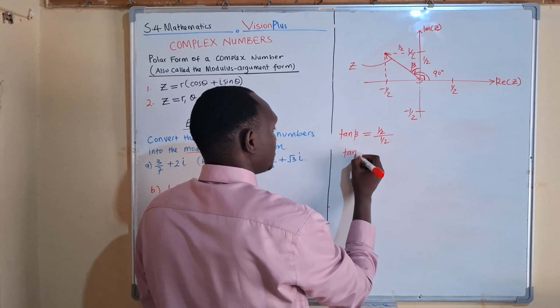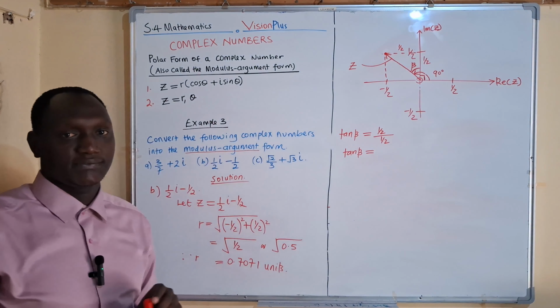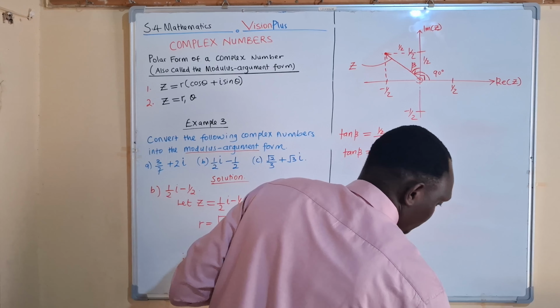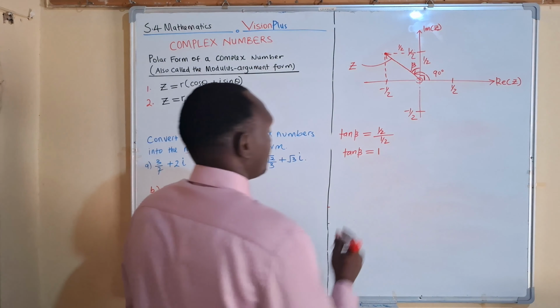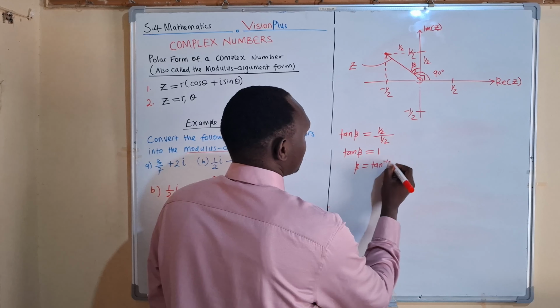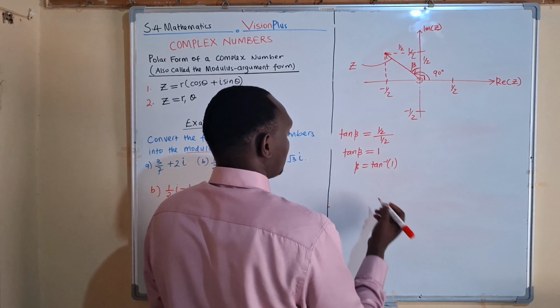So tan of beta equals what? Half divided by half? It is 1 because you are dividing a number by itself. 0.5 divided by 0.5, yes, it is 1. That means now beta becomes the tan inverse of 1, or simply arctan of 1.